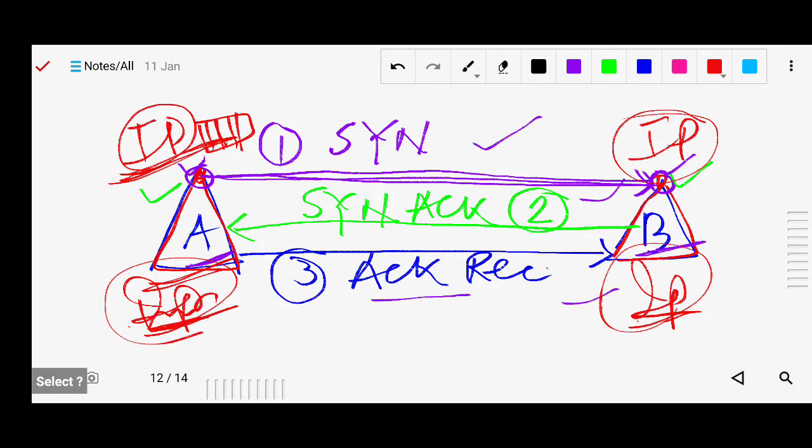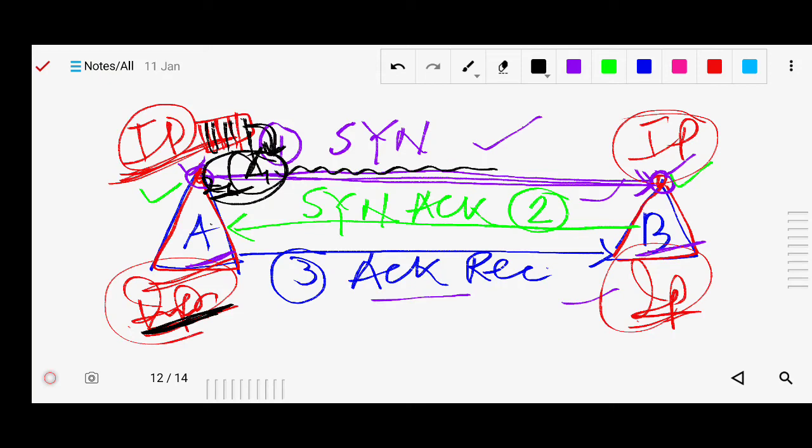Now again, whatever data there is will be converted into packets by the TCP, and these packets will be numbered, suppose this is given the number A1. The IP address of A will also be attached, and this IP address with this consignment number, the packet number, will be sent.